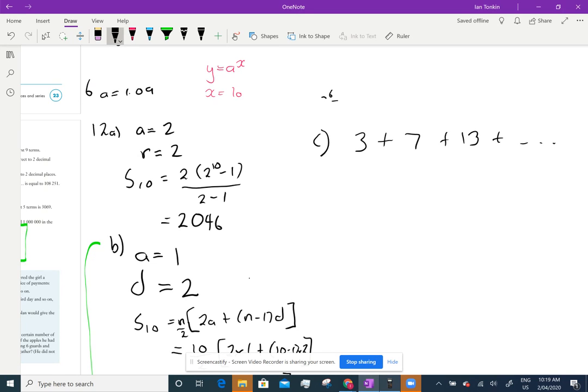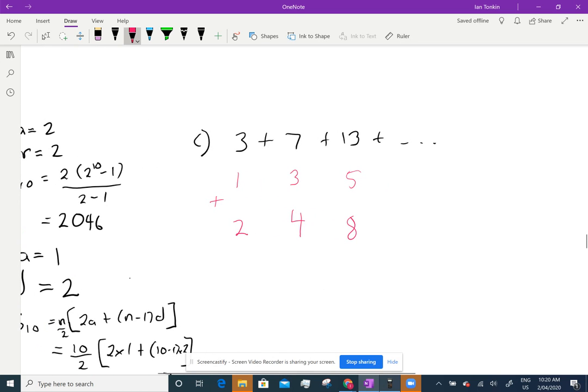Well, let's have a look at this. 3 is 1 plus 2. 7 is 3 plus 4. 13 is 5 and 8. Oh, look at this. This is the arithmetic series and this is the geometric series.